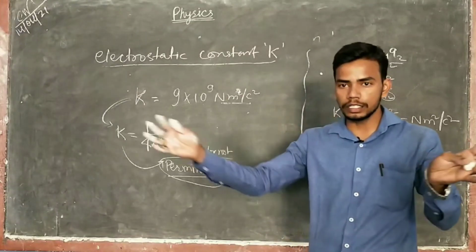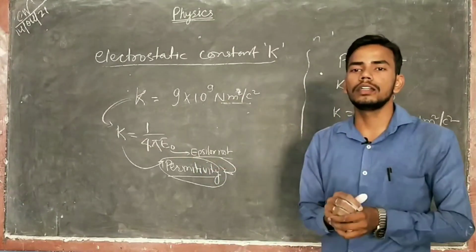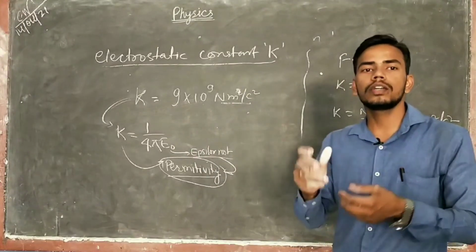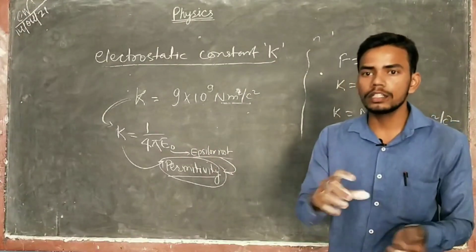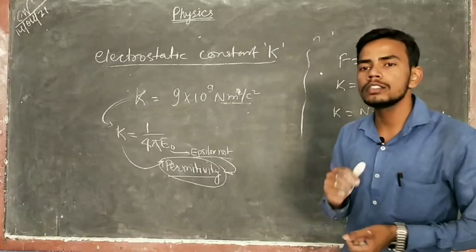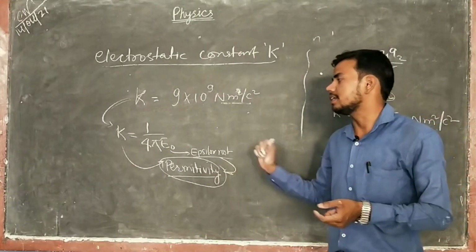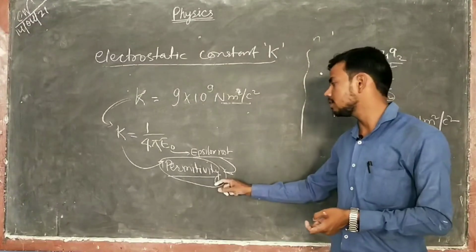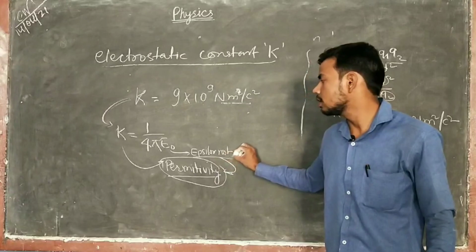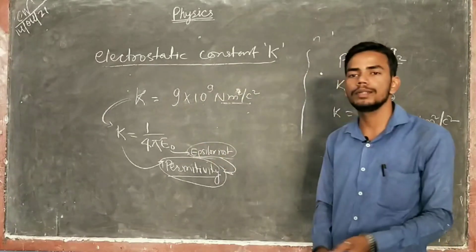They would restrict them from attracting or repelling each other. So there must be some allowance to attract and repel the charges. That allowance is known as permittivity, and this permittivity is represented by the symbol epsilon naught.